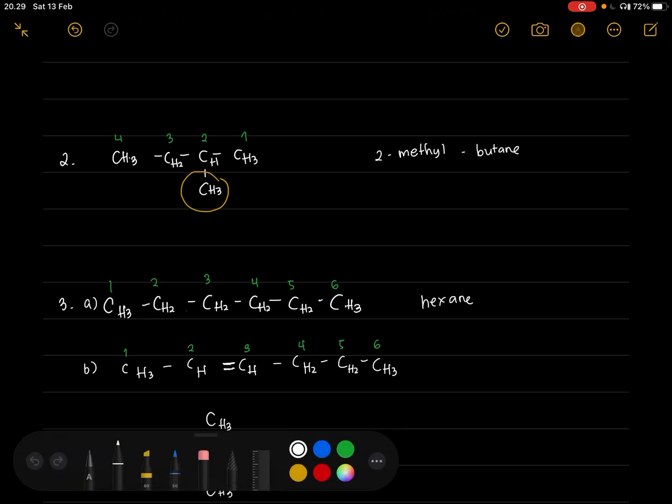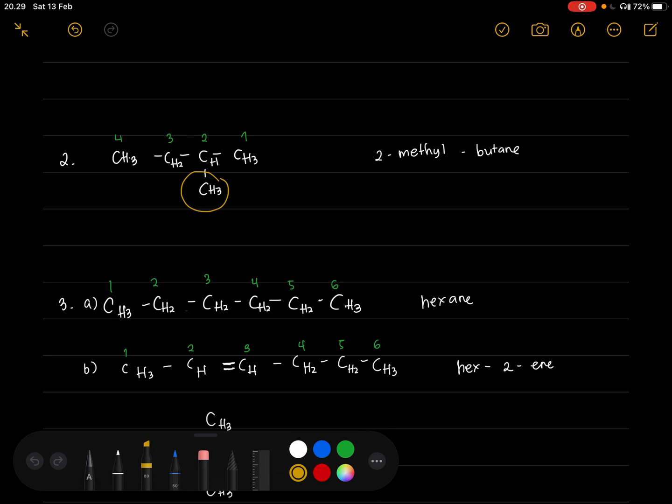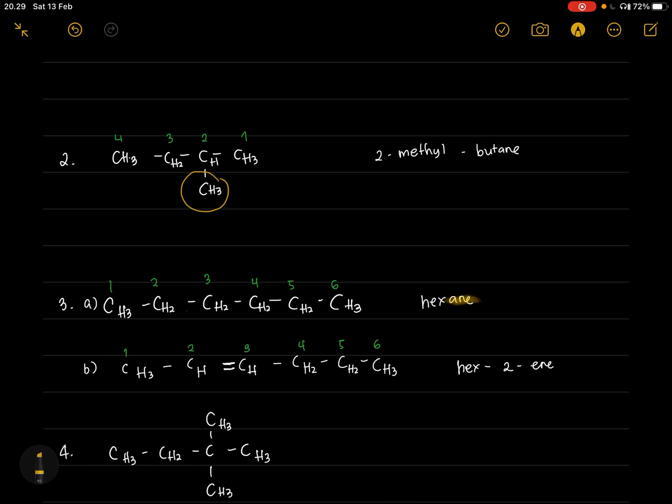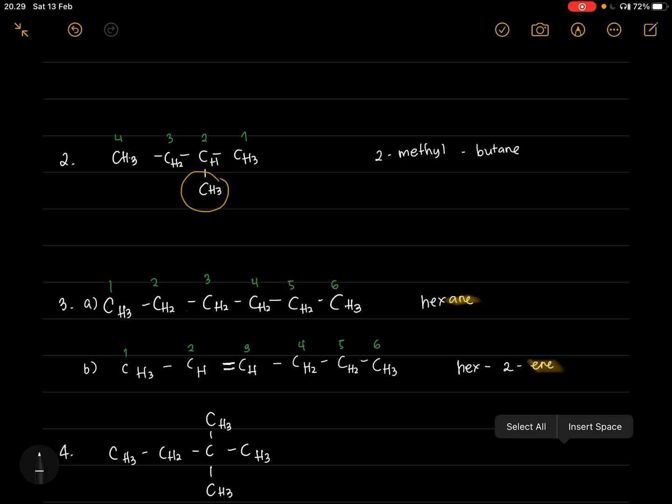And then the name would be hex-2-ene. Okay, so please underline. Here we have the hexane because it is an alkane. And then we have the ene here, hex-2-ene, because it is an alkene, alkene homologous series. I hope that from this you understand, yeah?